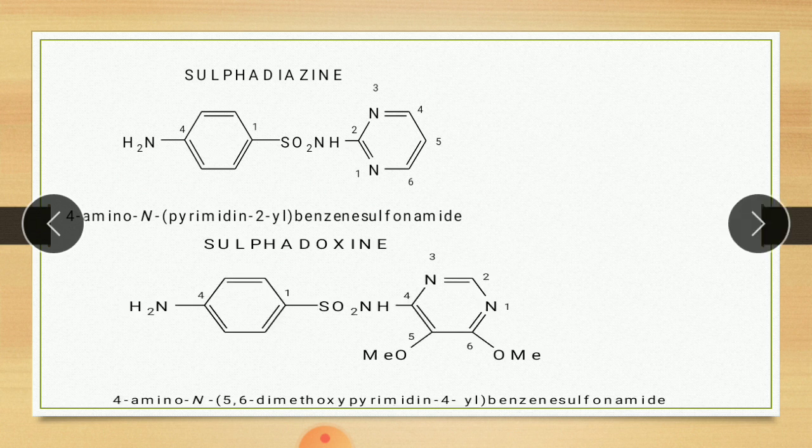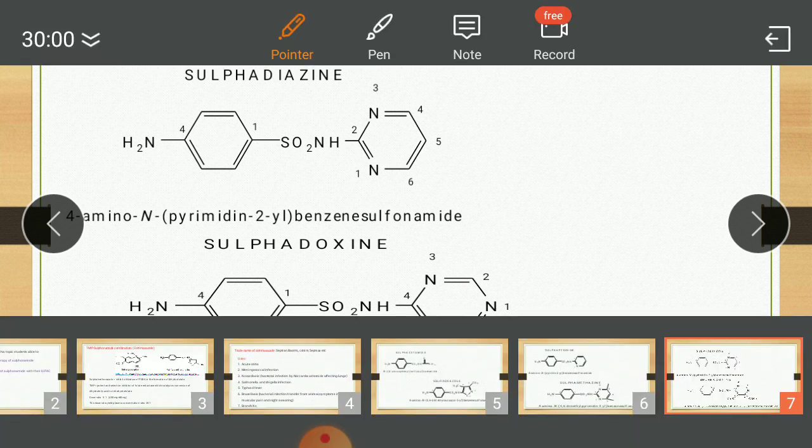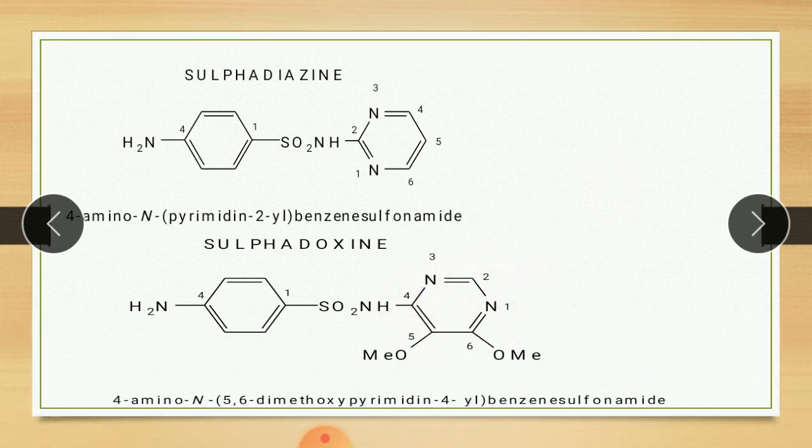Next drug, sulfadoxine. So again it contains a pyrimidine ring, but here it also contains methoxy groups on the 5th and 6th position. So IUPAC name again 4-amino, this 4-amino, N, this N, 5,6-dimethoxy. So here methoxy groups are attached.